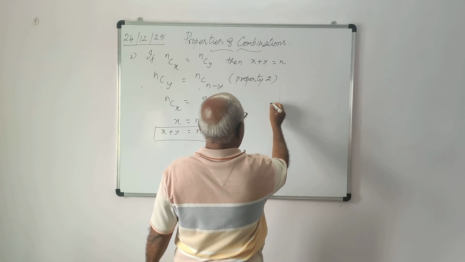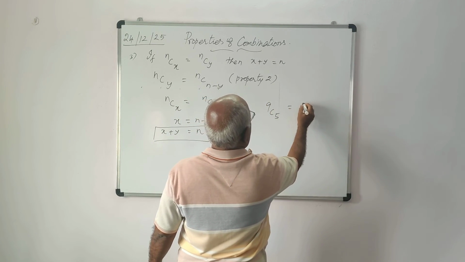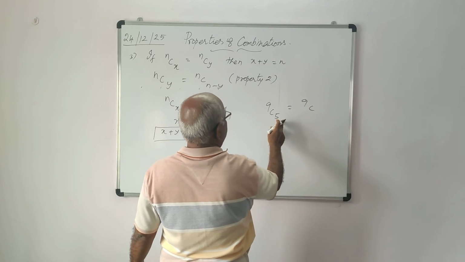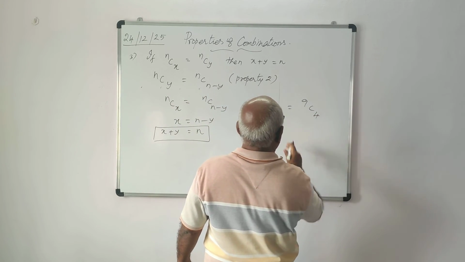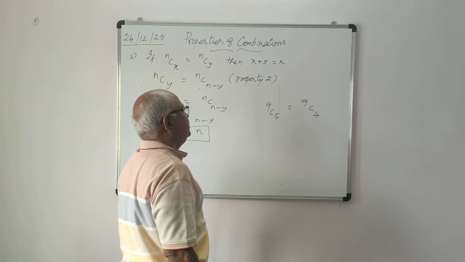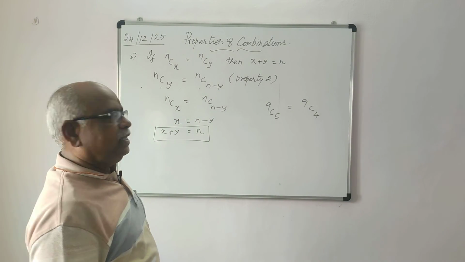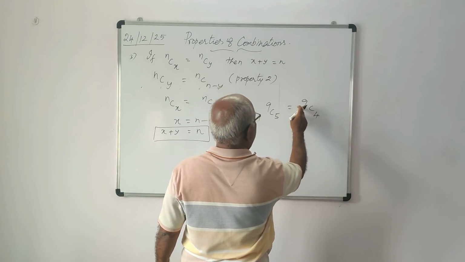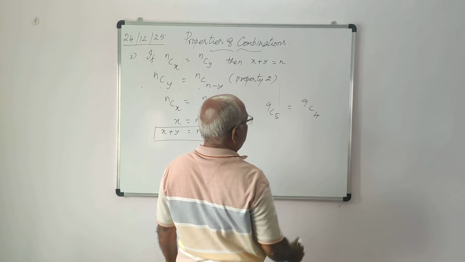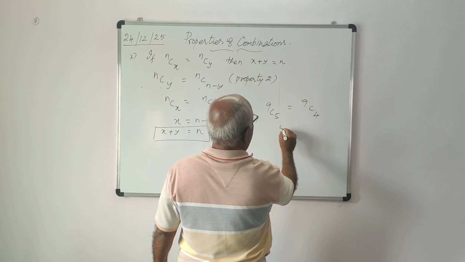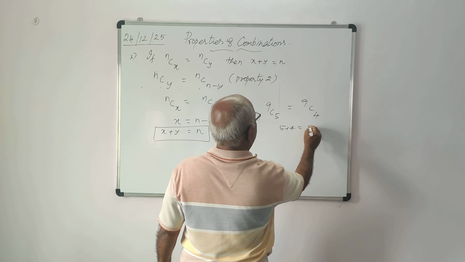For example, 9C5 equal to 9C4. 5 plus 4 equal to 9. Okay, this is the formula. 9C5 equal to 9C(9 minus 5), that is 9C4. Therefore, 5 plus 4 equal to 9.